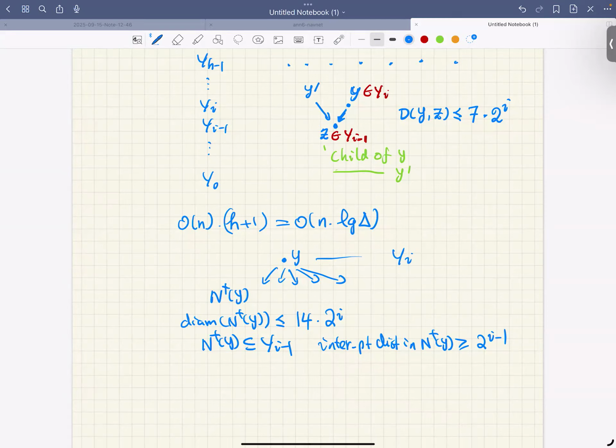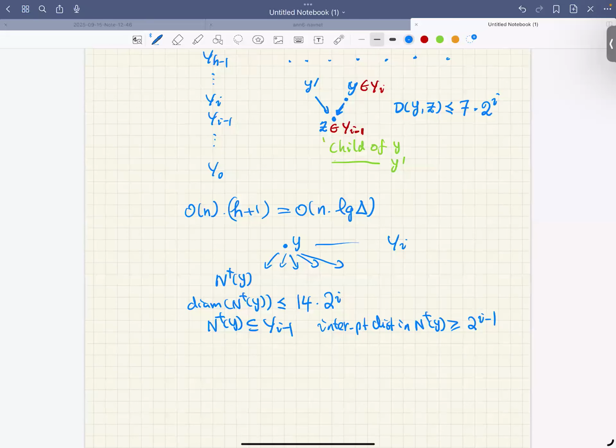So we know in general, if the aspect ratio is A, then this set can have a size at most A to the power of lambda. If lambda is a constant, A is a constant, and so that's a constant. By the way, it's a large constant. I'm not saying this is something that will definitely work in practice.